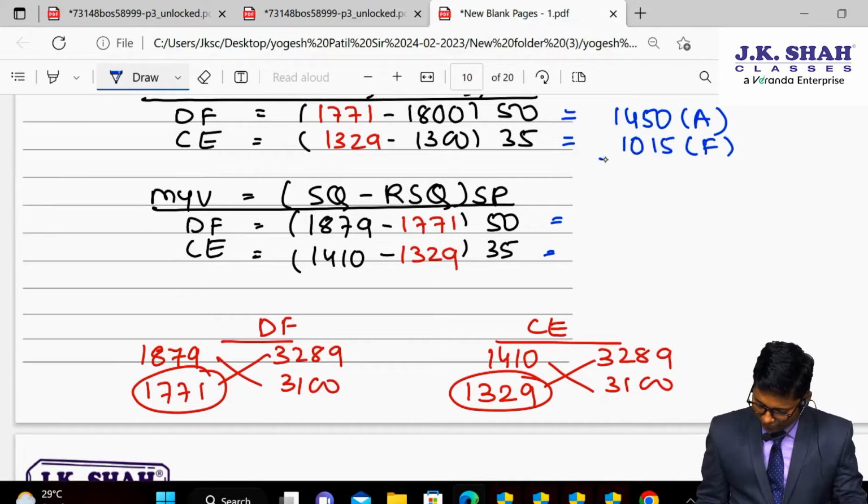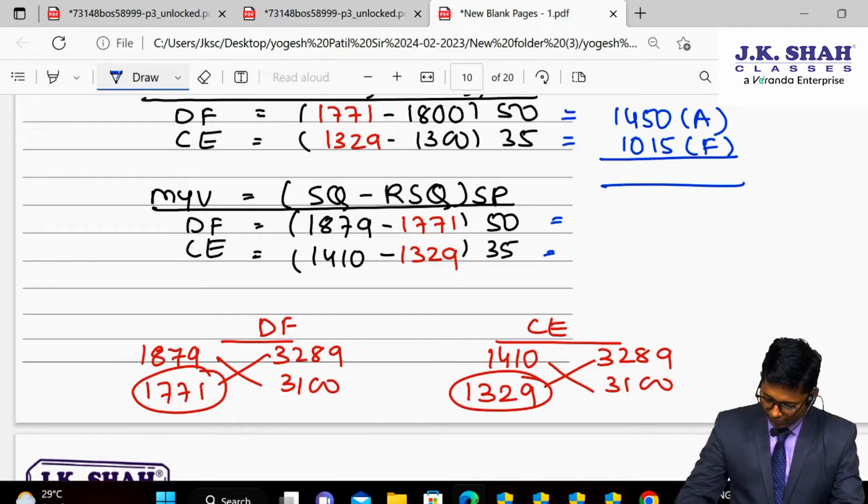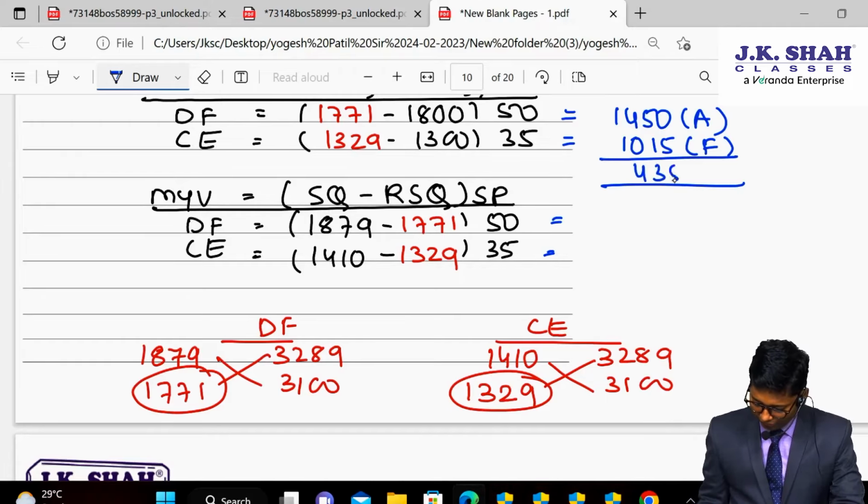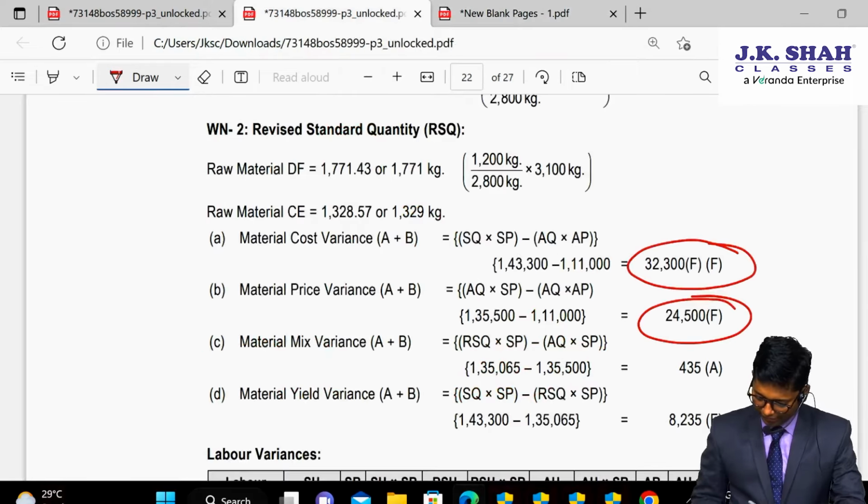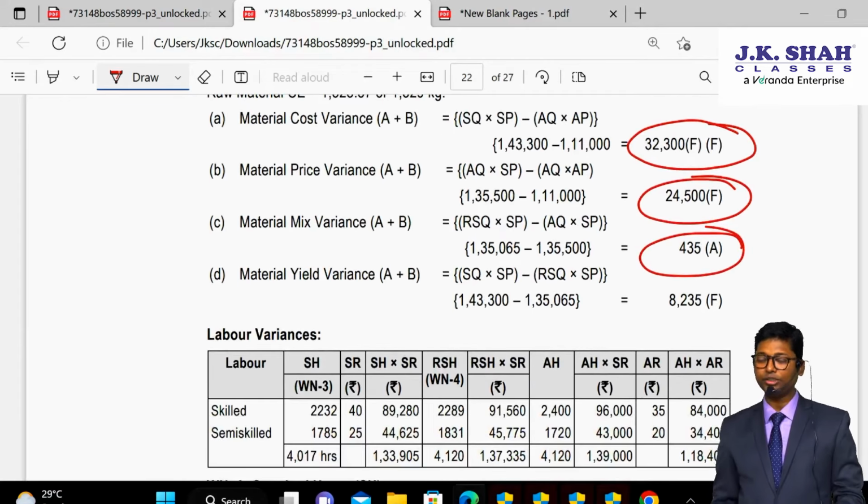Positive answer is favorable. When you net off these figures, minus 1450 plus 1015, you will be getting 435 negative, and 435 negative is adverse.